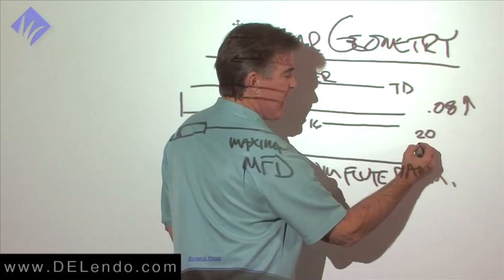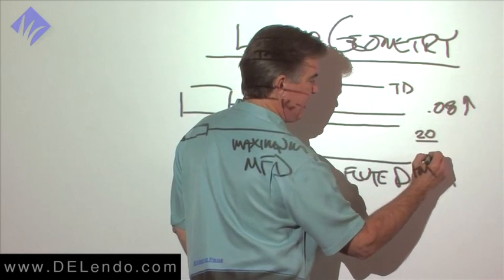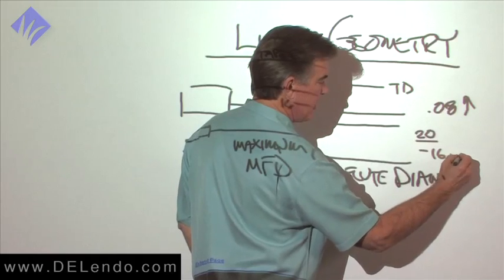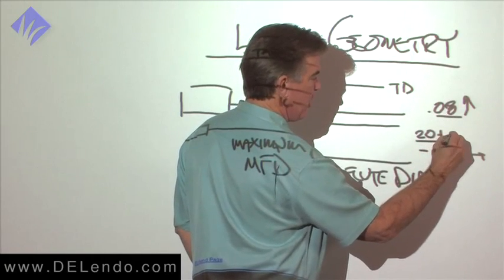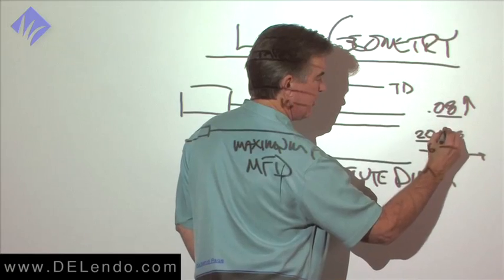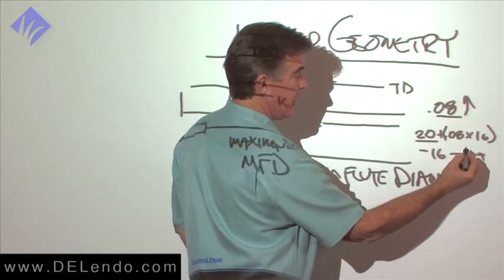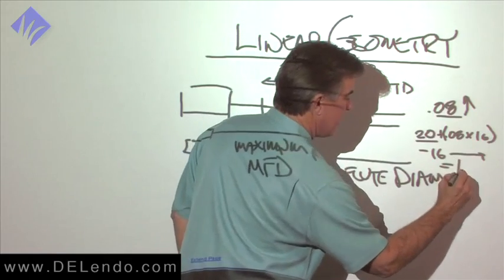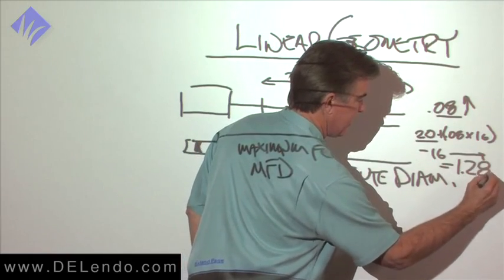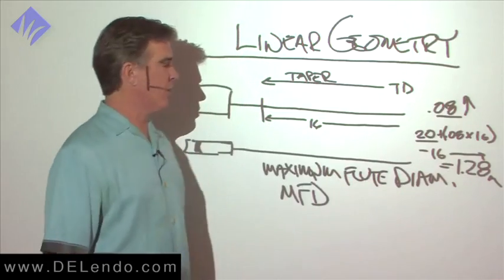So even if we start out with a small tip diameter of 0.2 millimeters, if we go 16 millimeters back at an 08 taper, we're adding 0.08 times 16, and that turns out to be a huge number. It turns out to be 1.28 millimeters. If this is a small root, that's too big for a small molar root.